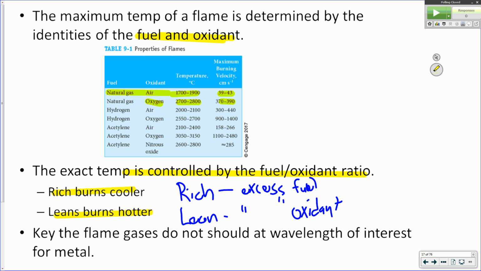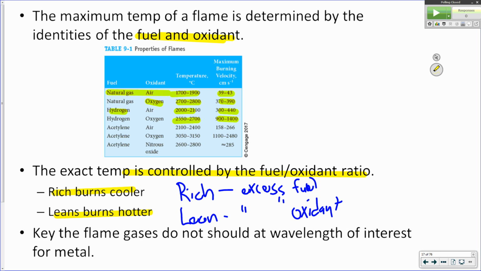The same's true of hydrogen and air. It'll get you to about 2,000 degrees, but now the burn velocity's up there pretty good. If I switch over to hydrogen and oxygen, I can get another 400 or 500 degrees out of it. But now I've got a burn velocity that's in the explosive range. So I have to really be careful, if I'm using hydrogen and oxygen, that all the gases are consumed in the flame.